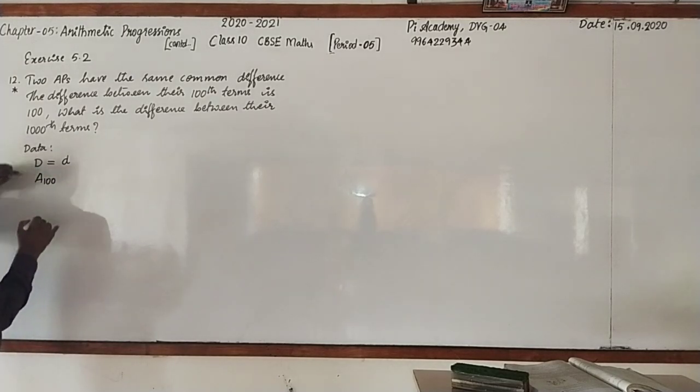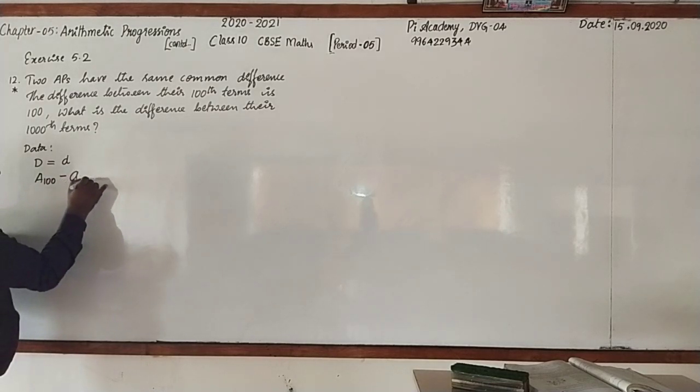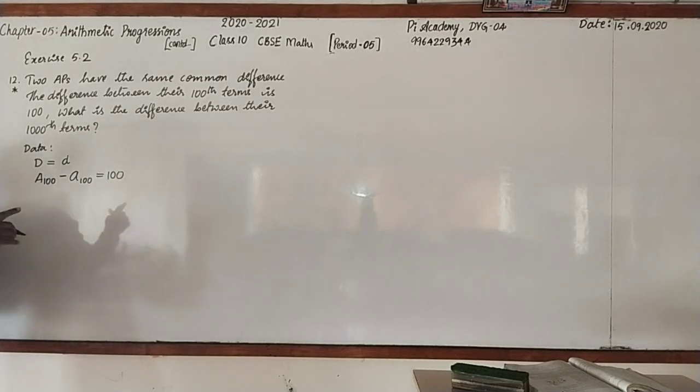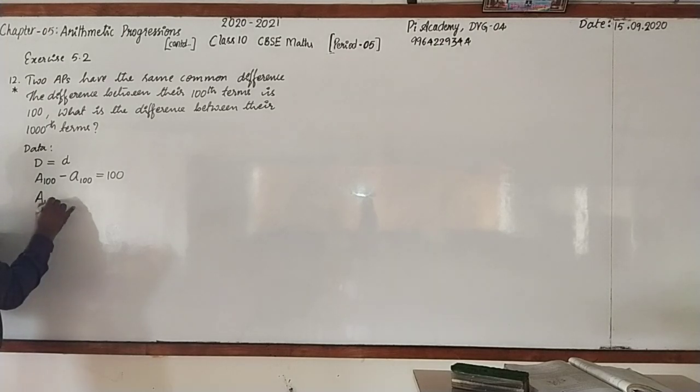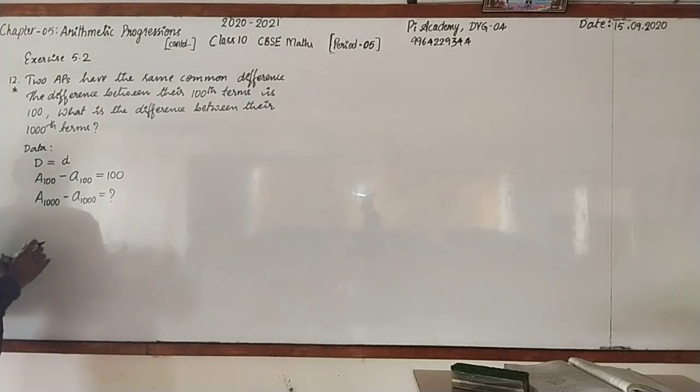It is A100. Another one, small a100. It is equal to 100. What you are going to find out? The difference between 1000th terms: A1000 minus small a1000. This is to be found.